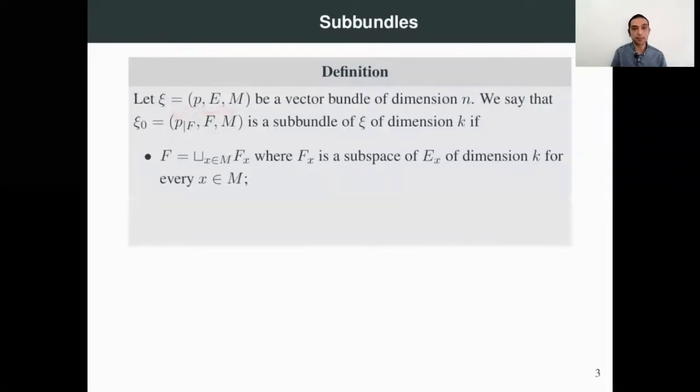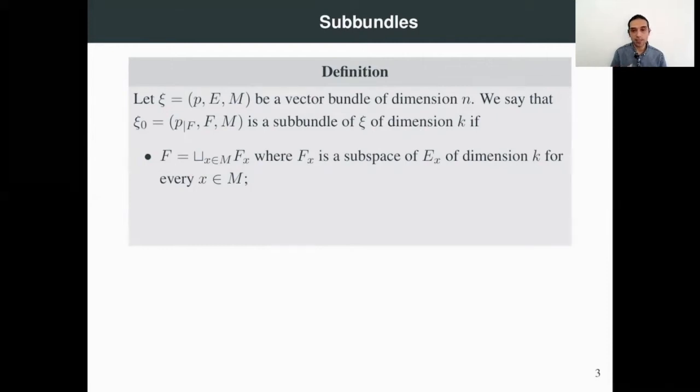Let psi be a vector bundle of dimension n, and we say that psi dot is a subbundle of psi of dimension k if the base of these two vector bundles is the same, and the total space of the subbundle F is just a disjoint union of vector spaces Fx, where every Fx is a subspace of Ex, the fiber of the vector bundle psi at the point x. It is a subspace of dimension k for every x in M.